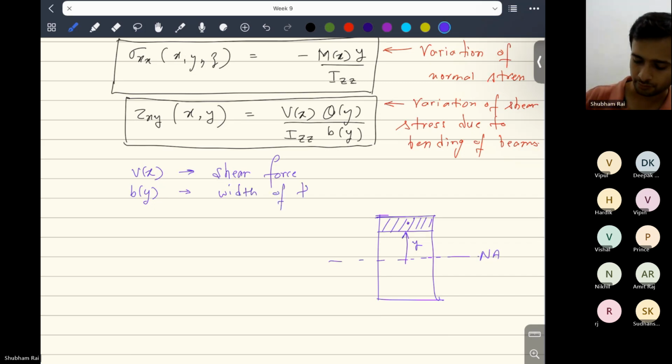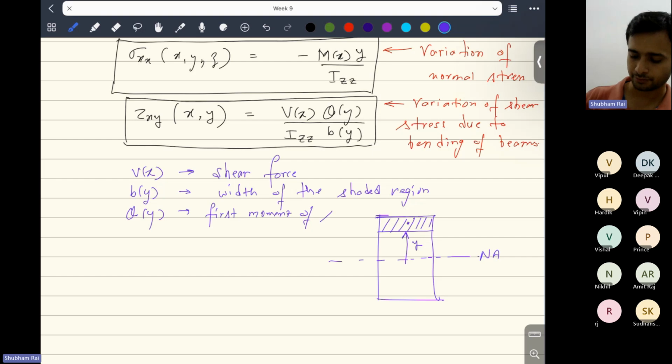Q(y) is the first moment of area of the shaded region.